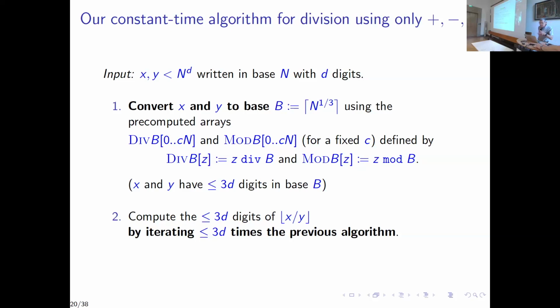And you know that you have only 3D digits, a constant number of digits in this base. And you compute the 3D digits by iterating 3D times the previous algorithm of Pawlewski, or Knuth, if you prefer.